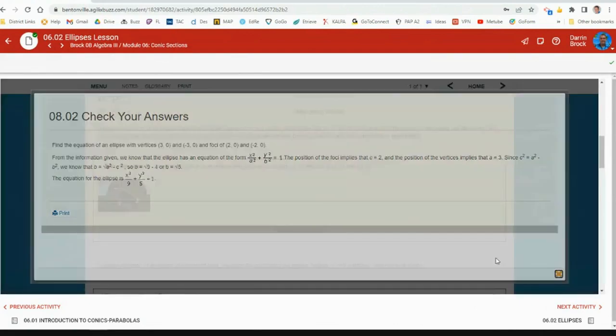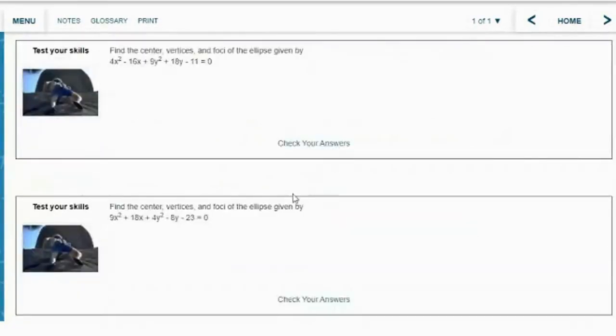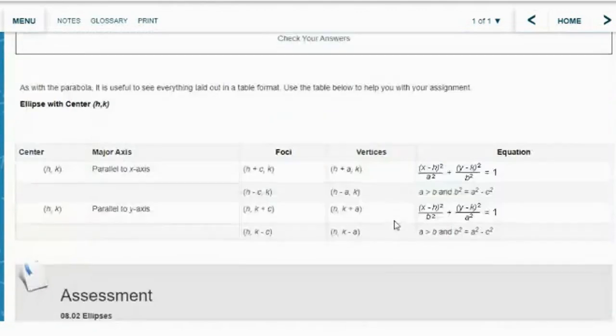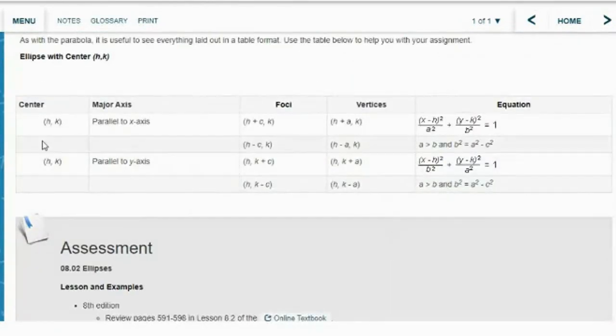So, all right, down here, there's a couple more for you to practice. Down here, this has another chart like we had on the other one. With the center h, k and it's parallel to the axis. The major axis is parallel to the x-axis. That means it's wider than it is tall. Here's what the equation looks like. And here's how you find the two focus points and the vertices.